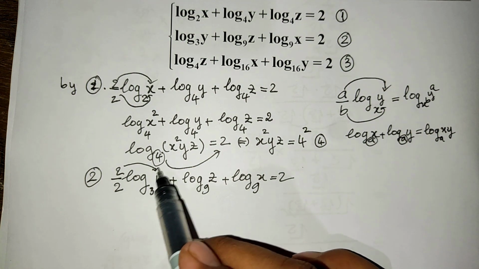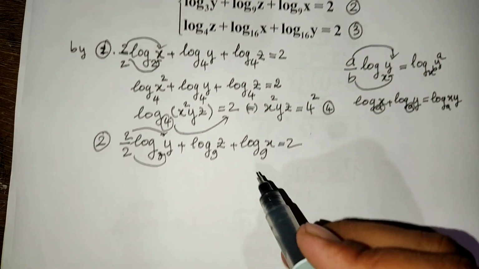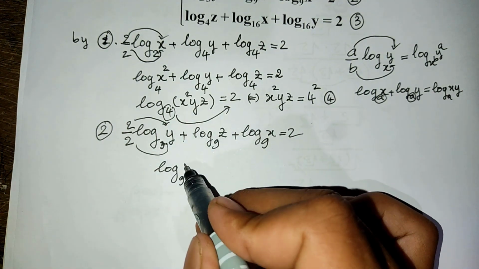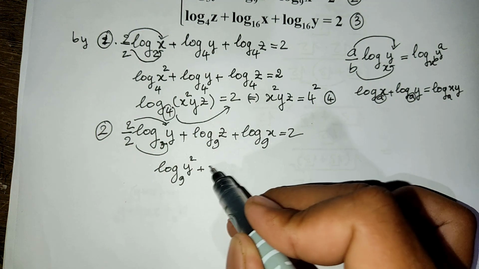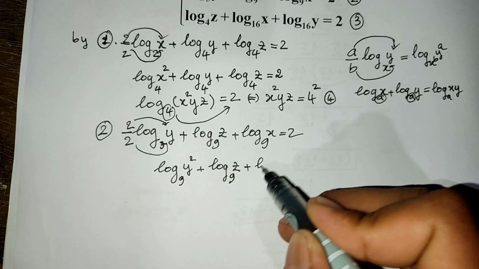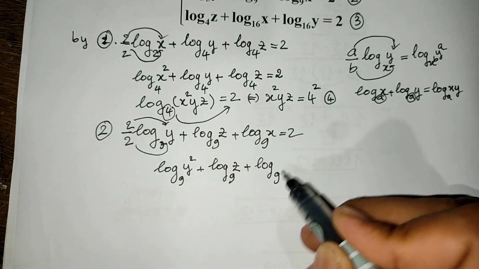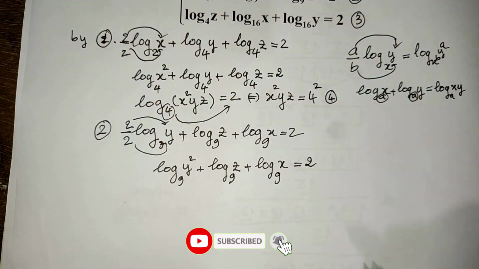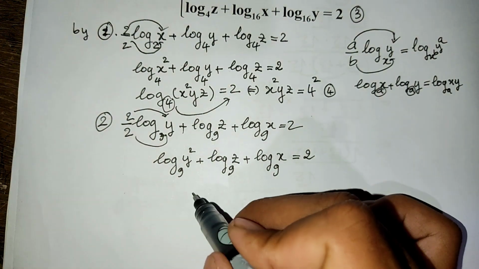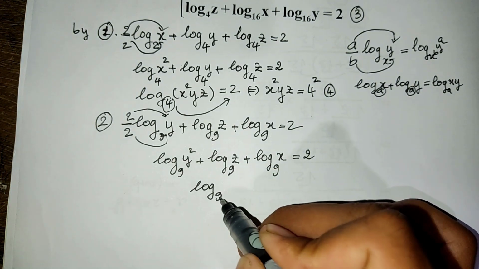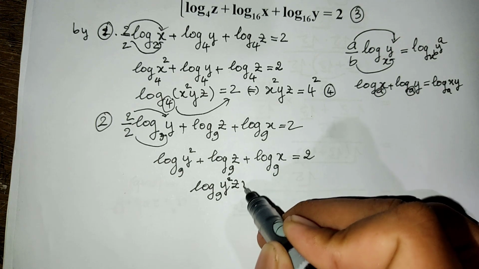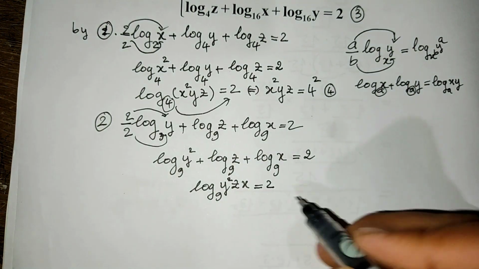We get log base 3 squared, which is base 9, of y squared, plus log base 9 of z plus log base 9 of x equals 2. For the same base 9, we get log base 9 of y squared times z times x equals 2.